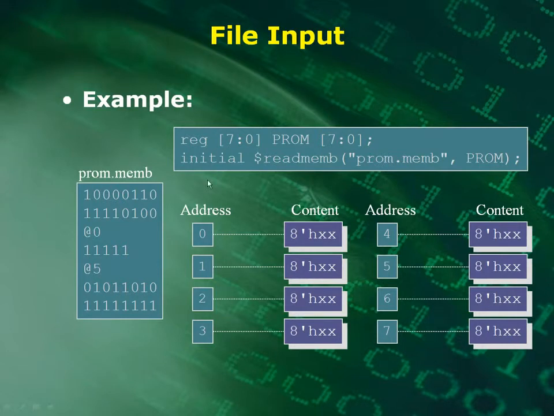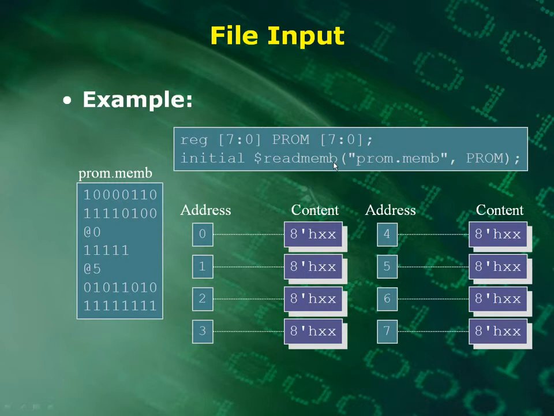Here we have an example. We've set up a chunk of memory called prom. Now it's 8 bits wide and it's 8 deep. Okay, and the start here is 7 and the end is 0 for this particular memory. But now we're going to actually read by doing a readmemb.